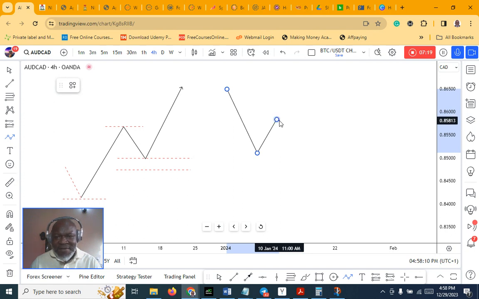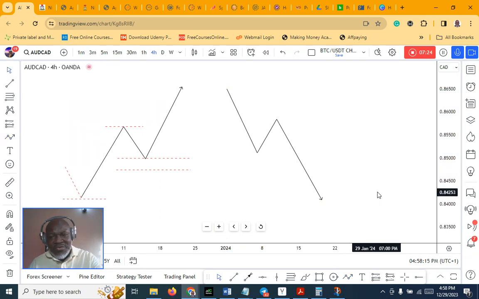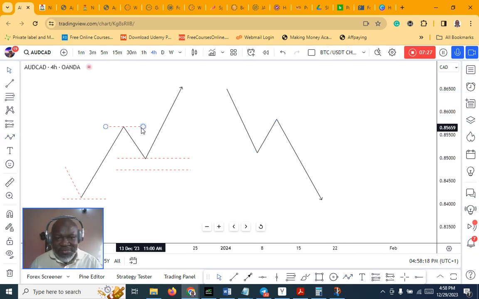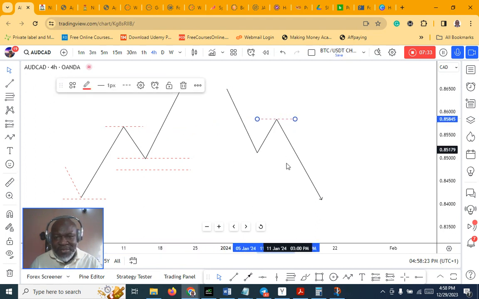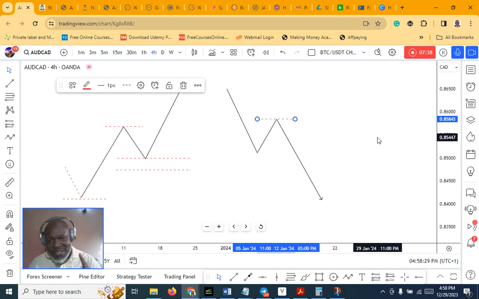Now, how far this retracement will go is what the Fibonacci retracement tool will help you to determine, okay? The Fibonacci retracement tool will enable you to determine this depth of retracement. So if market is coming down here from this point in a downtrend, and the retracement move is beginning from here, the end of the retracement move is what the Fibonacci retracement tool will enable you to know.